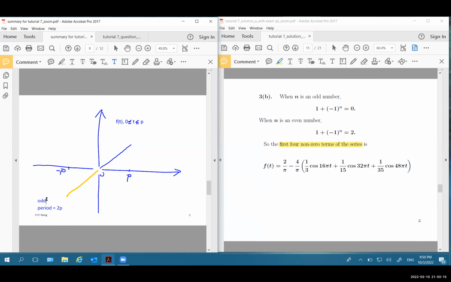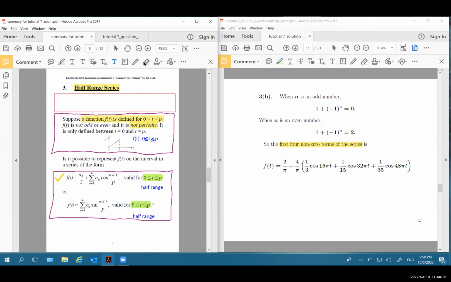The period is still 2p. You assume that this is one period of a periodic function, and then you go and write down the Fourier series of an odd function. This time you are going to get the Fourier sine series. Then you restrict the range to only half range. So therefore you can do this.